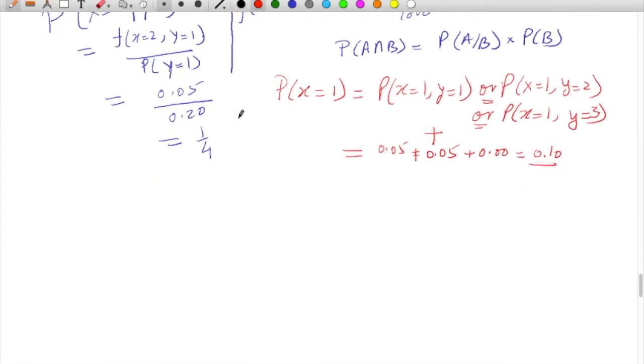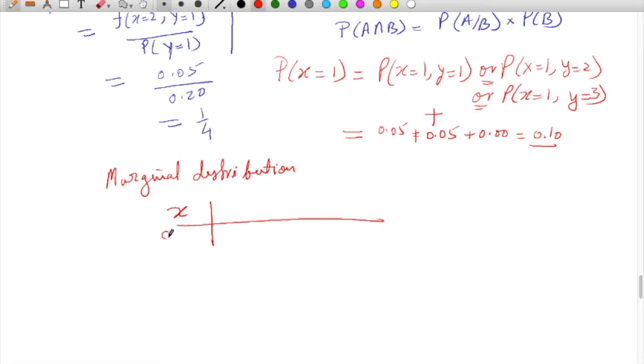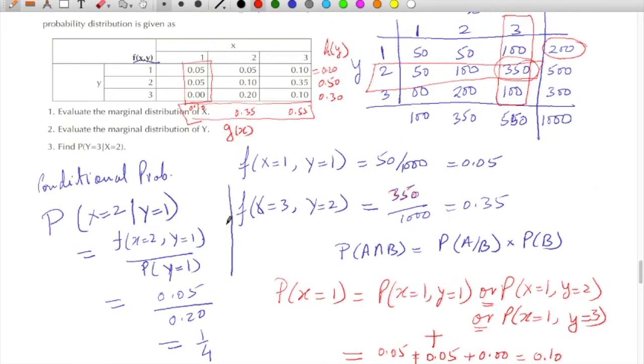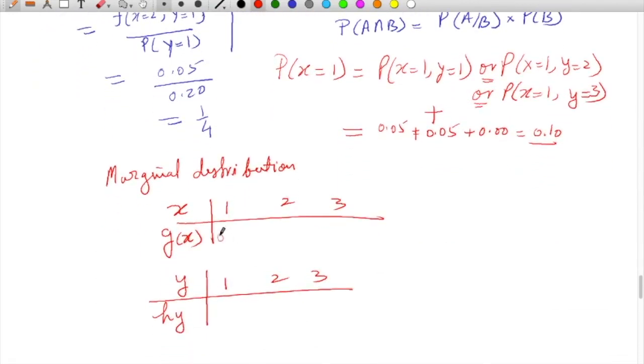I can write it very clearly here. Marginal distributions for x, g(x), and for y, h(y). For x equal to 1, 2, 3 it is 0.10, 0.35, 0.55.